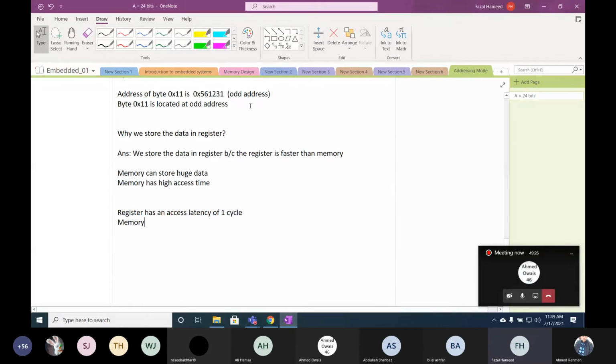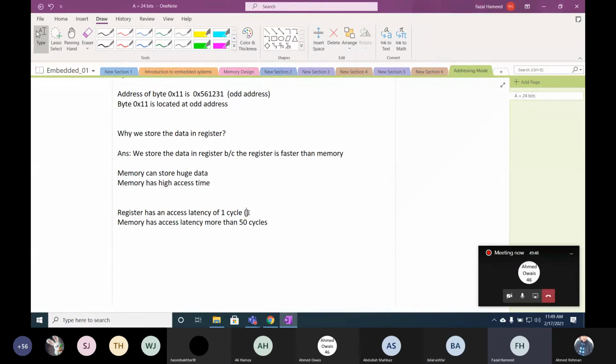Typically, memory has access latency of more than 50 cycles. So which one is faster? Register, sir. Register is faster. That's the reason that we store the data in register.